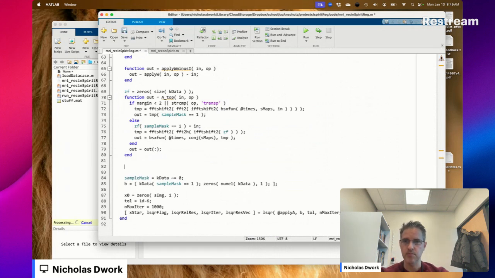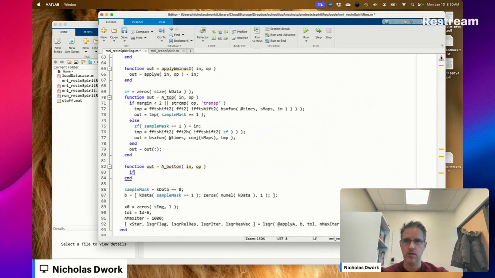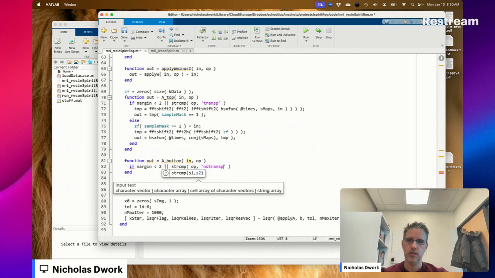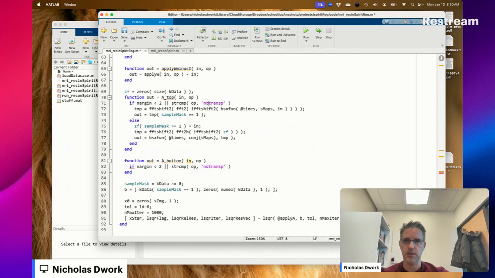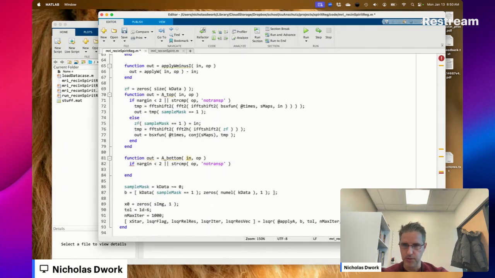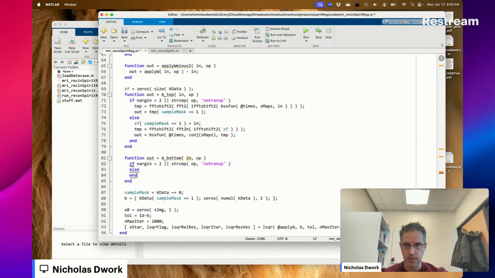Now we need A bottom. Again, I forgot. We're going to do this vectorization and devectorization in the function apply A. This should be no transp. Already created a terrible bug. Luckily we caught it. I'm sure there are others.